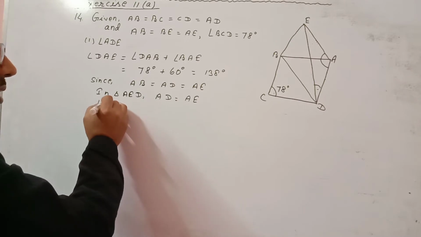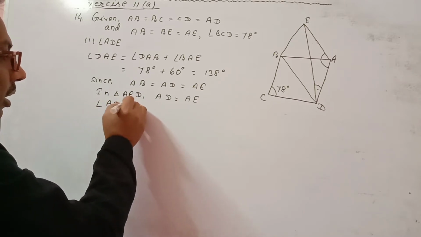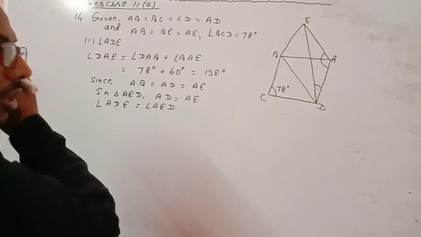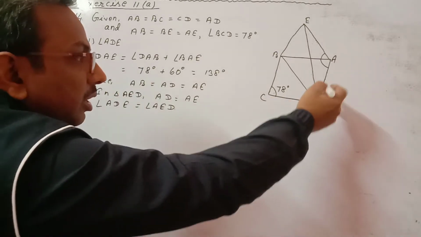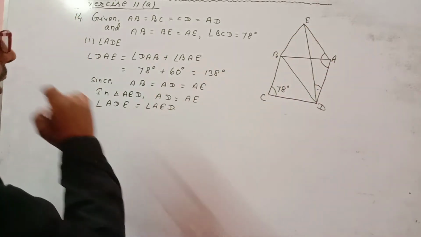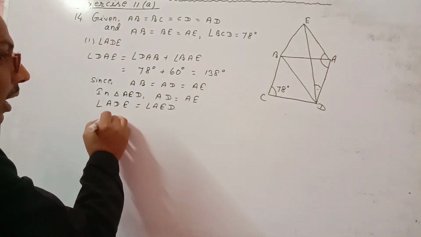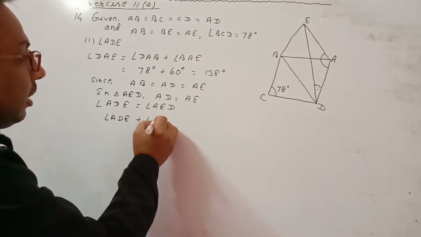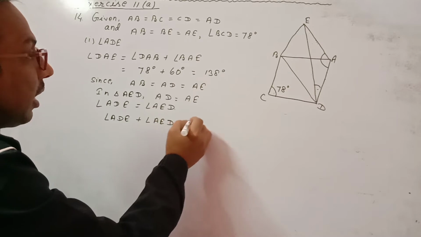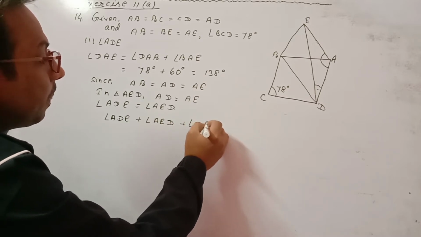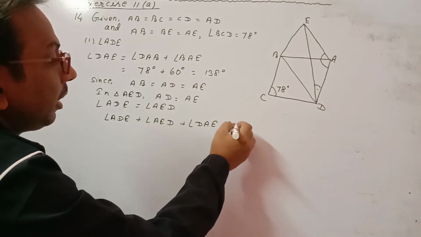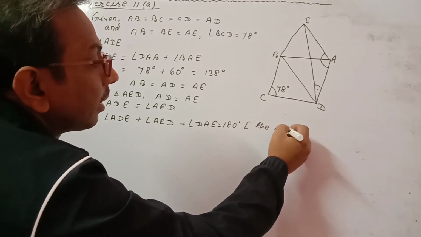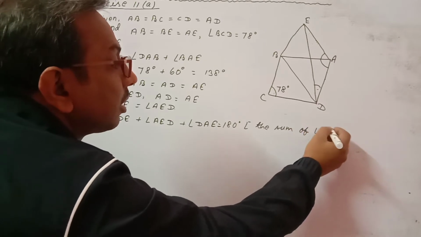Therefore, these two angles, angle ADE will be equal to angle AED. Now, in that triangle, the sum of these three angles will be equal to 180 degree. For that, we write here angle ADE plus angle AED plus angle DAE equal to 180 degree. Reason, the sum of angles of a triangle.